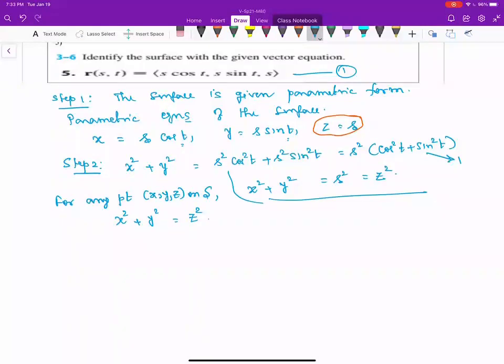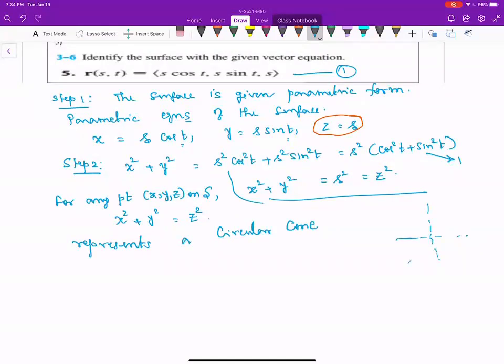As there is no restriction on z, it doesn't say it's only positive z or negative z, we know that z square equal to x square plus y square represents a circular cone. Now, do you remember how a circular cone looks with the z-axis?